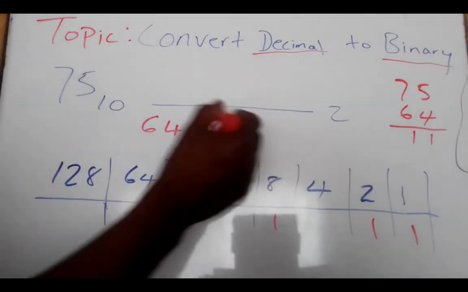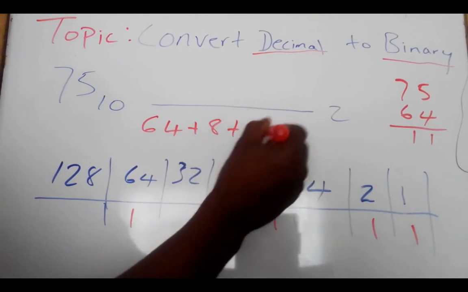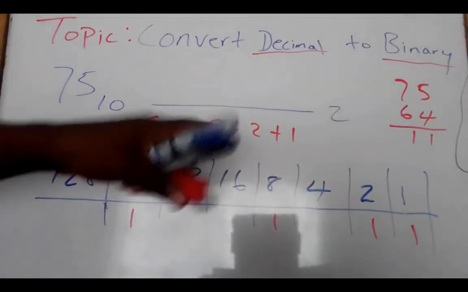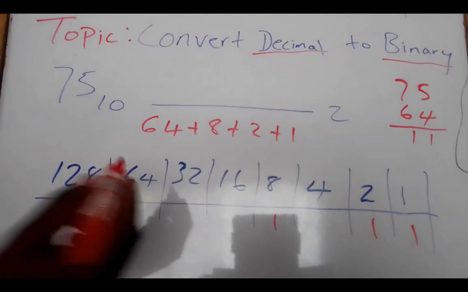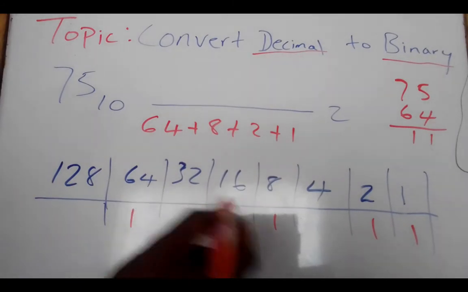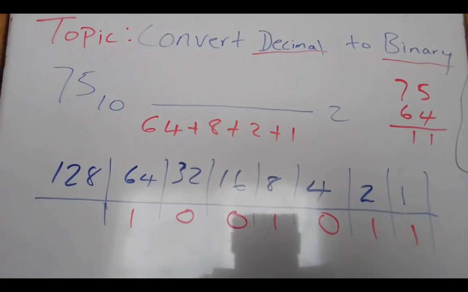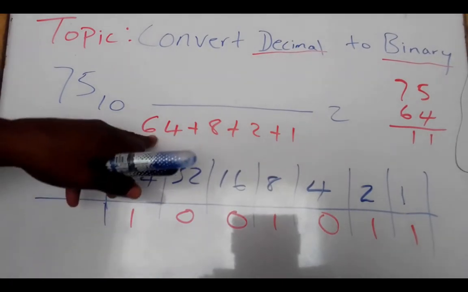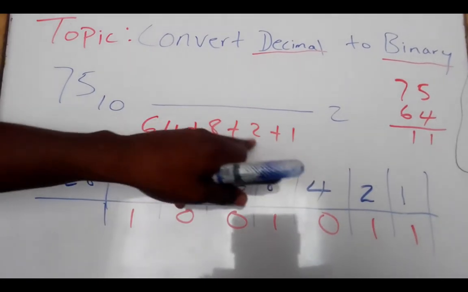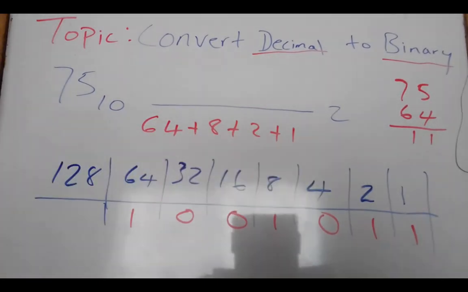So we need only 3 to reach 75. Where we have these blanks now, we're going to put 0. Make any sense? So we use 64, 8, 2, and 1.